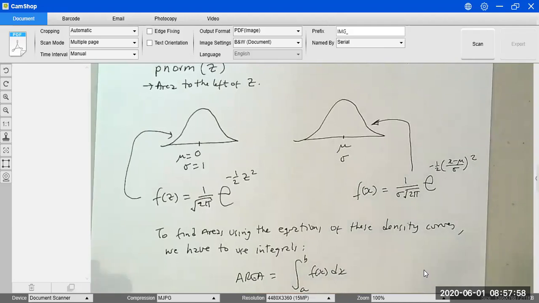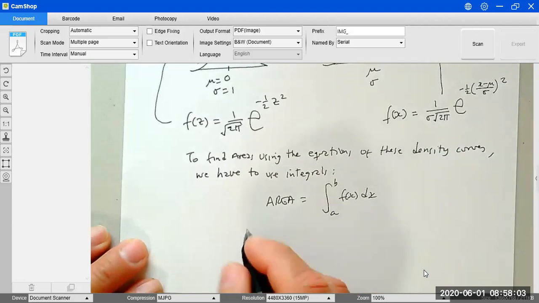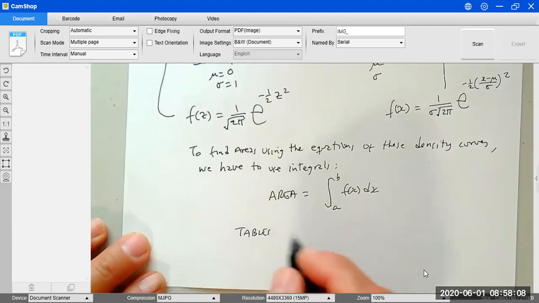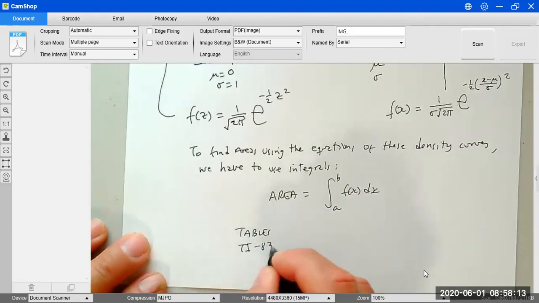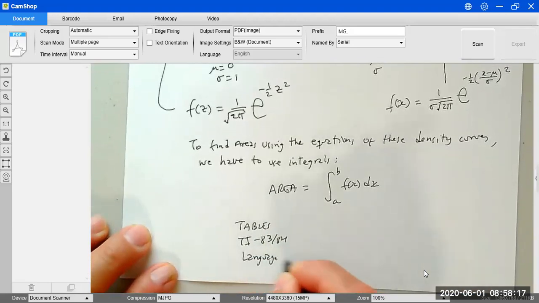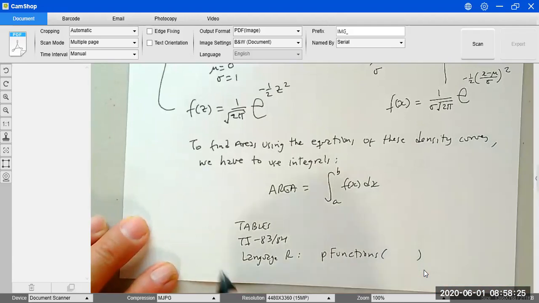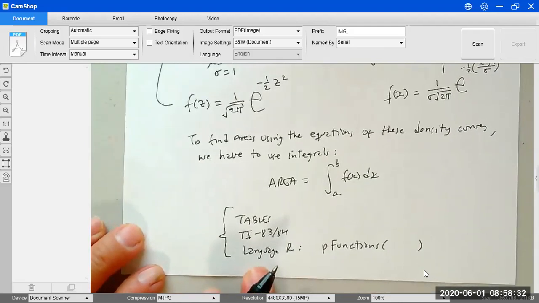So you don't need to do that. Instead of using integrals, you can use tables that are in the appendix of your book. You can use your Texas Instruments TI-83/84 if you are familiar with that, or you can just use the R language, and we're going to use the p functions that I talked about a little bit ago.